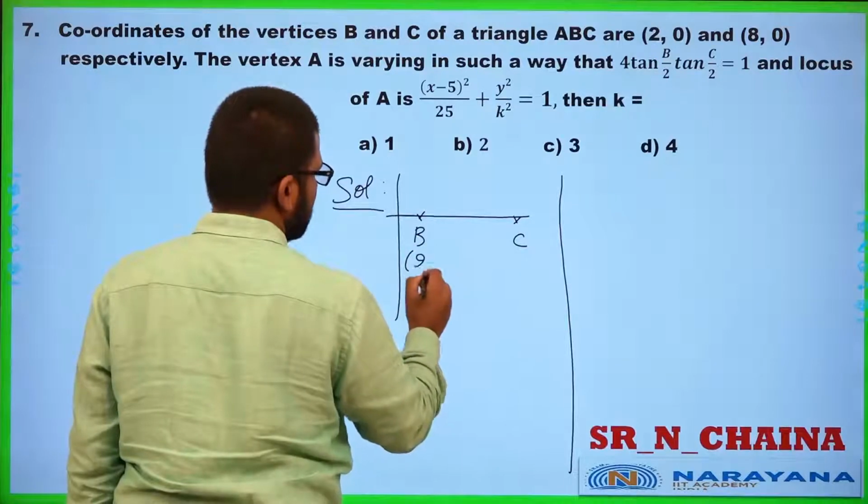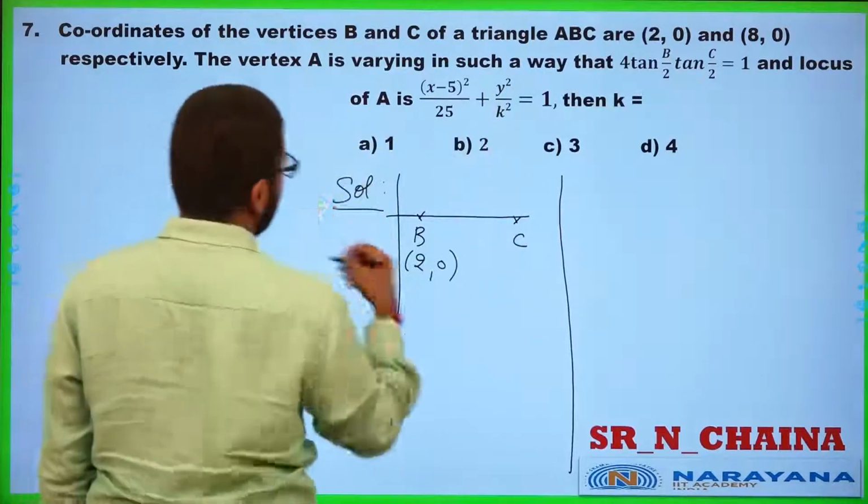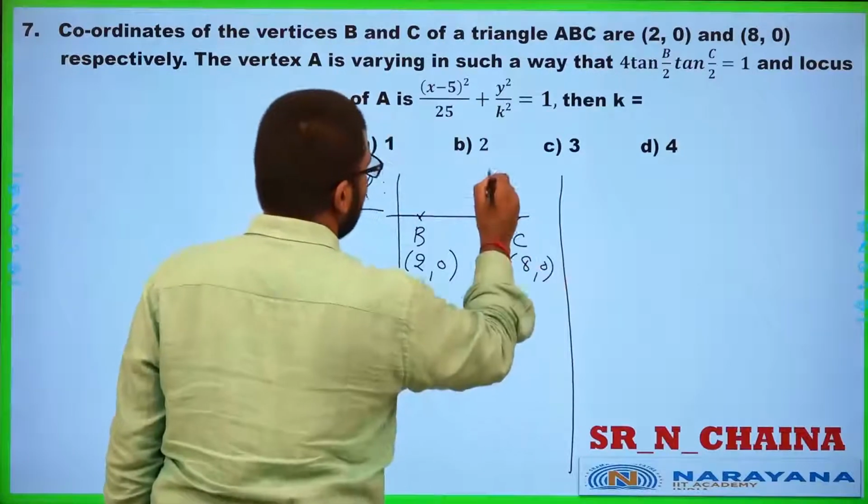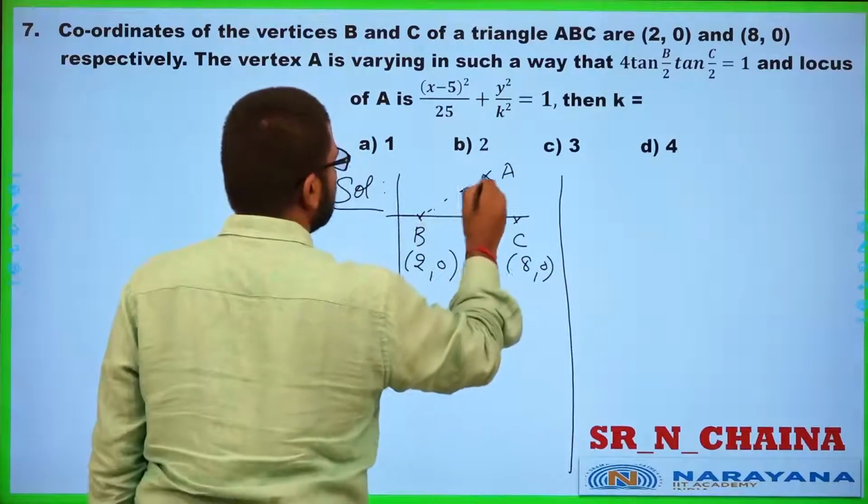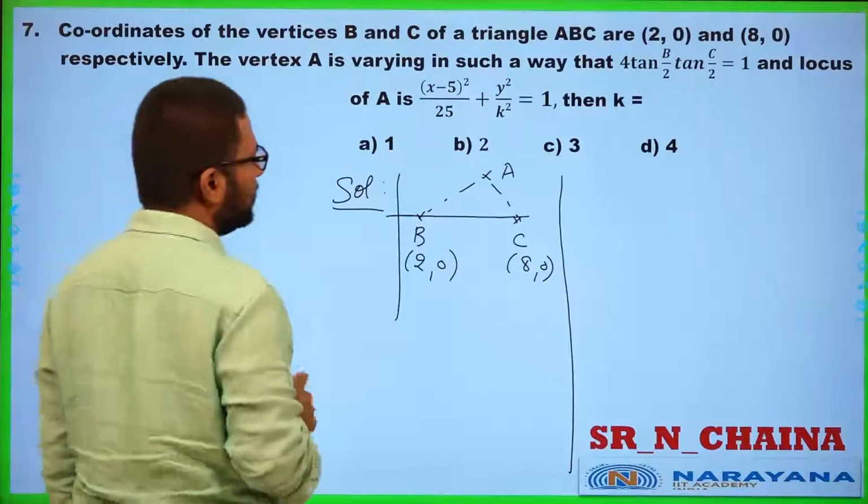B is obviously (2, 0), C is (8, 0) and A is moving as a variable point, okay?